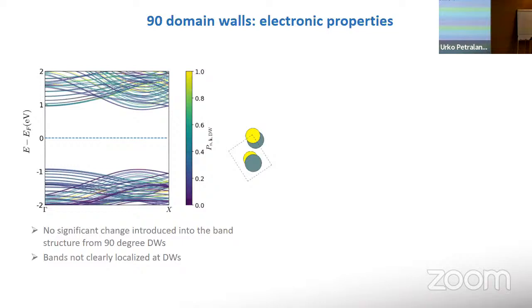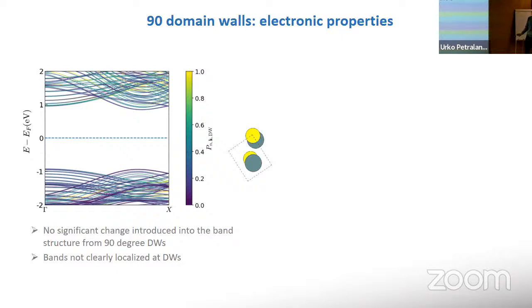Then we went to electronic properties, because after having the structural properties, we tried to study the band structure. This is a 90-degree domain wall. We studied the path in the Brillouin zone that is perpendicular to the domain wall, and we see how it influences the electron properties. We see that the states are not too localized.